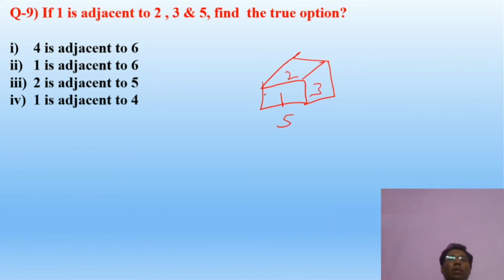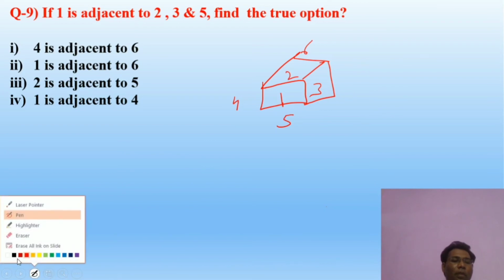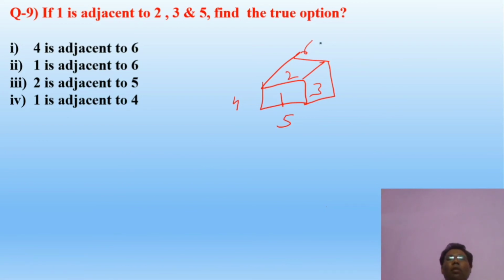Okay, which means opposite to 1 is 6 or 4. If 6 is there, 4 is here, and if 4 is here, 6 is here. It also says 6 and 4 are adjacent.